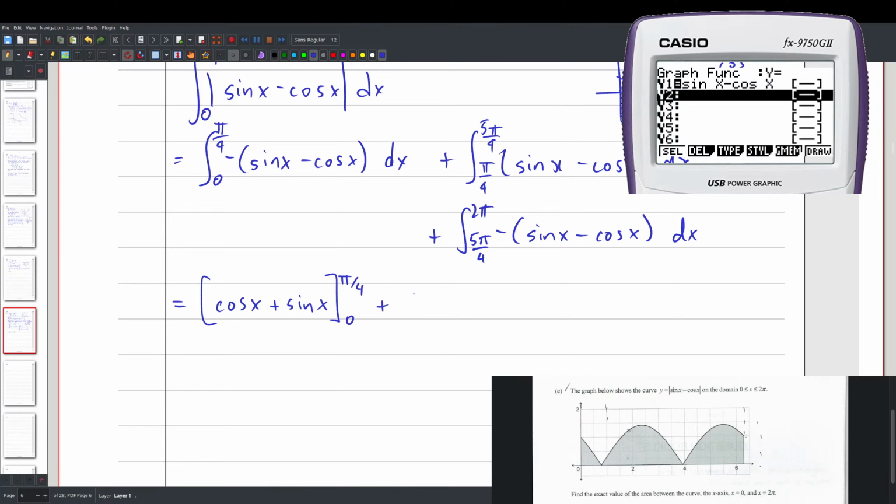And the integral of sine x is negative cos x. The integral of negative cos x is negative sine x. That is from 5 pi on 4 to pi on 4 probably. And the integral of this is cos x plus sine x. 2 pi, 5 pi on 4.